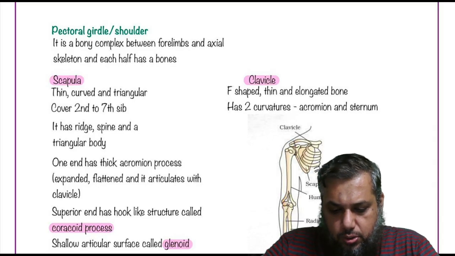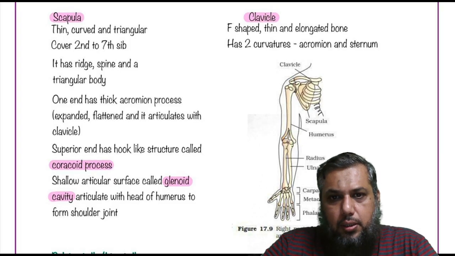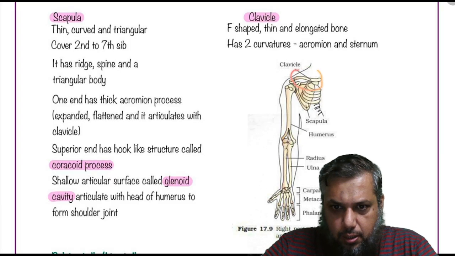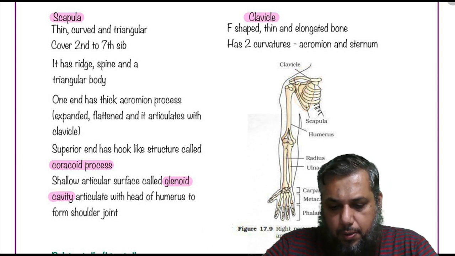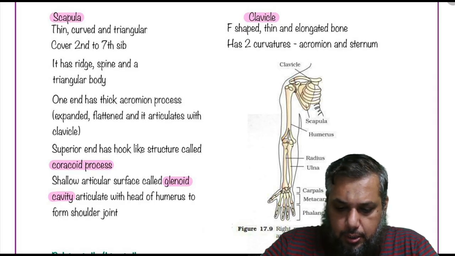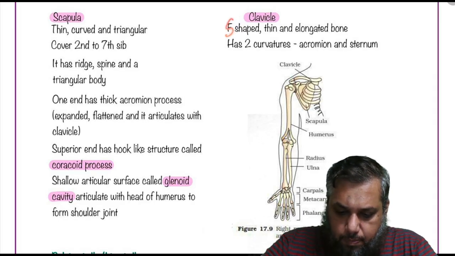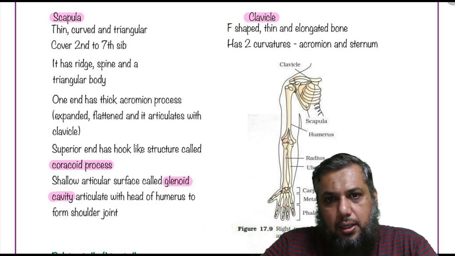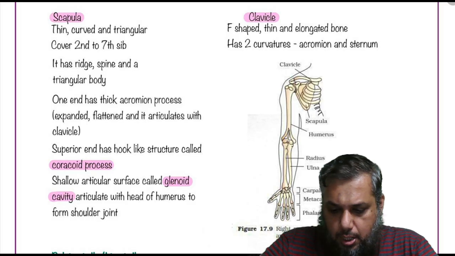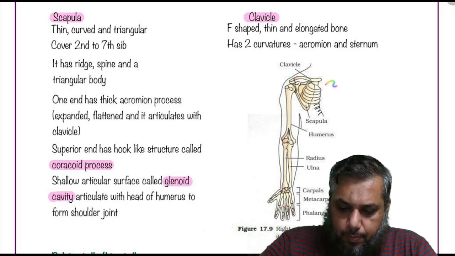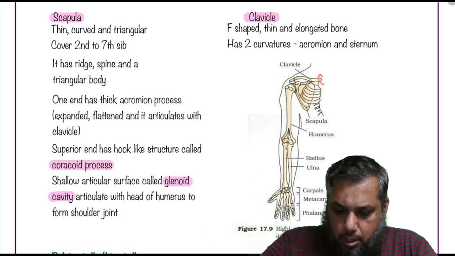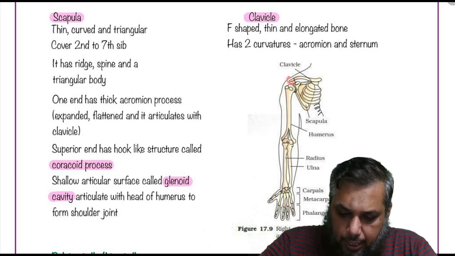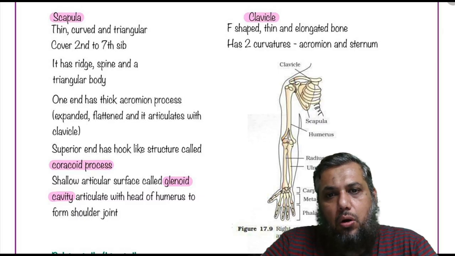The pectoral girdle consists of the clavicle and the triangular bone at the back, which is called the scapula. The clavicle is an S-shaped, thin and elongated bone, and it articulates on one end with the sternum, and on the other end with the acromion process of the scapula.